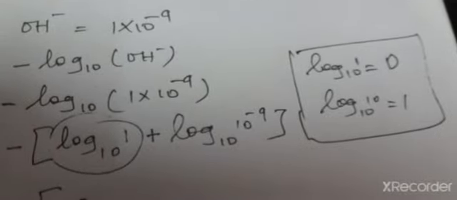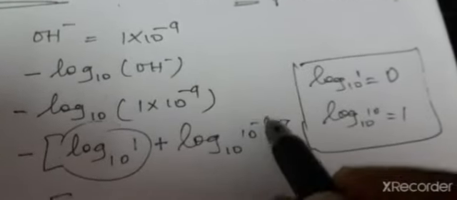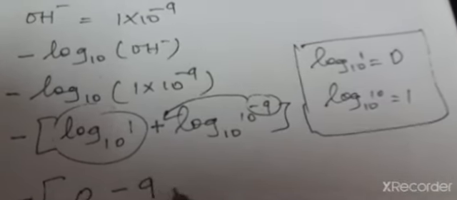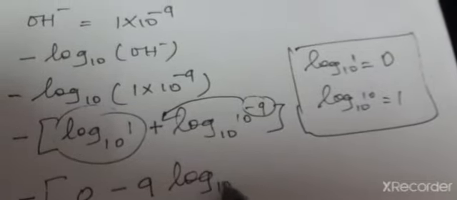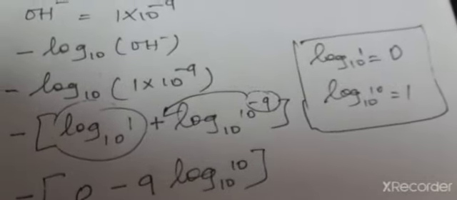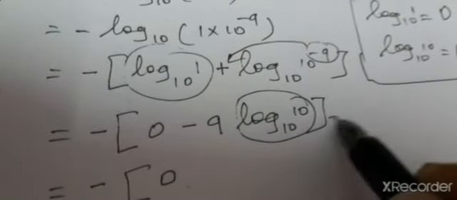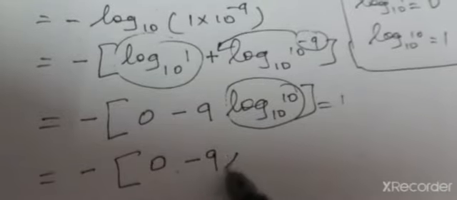So minus log 10 1 is equal to 0. You can put 0. Then you can bring this minus 9 here, so you can write minus 9 log 10. Then minus 0. What is the value of log 10 10? That is equal to 1. So you can write minus 9 into 1.